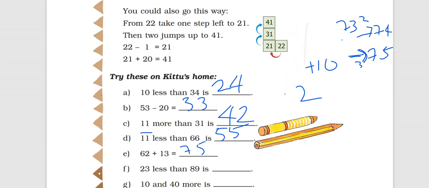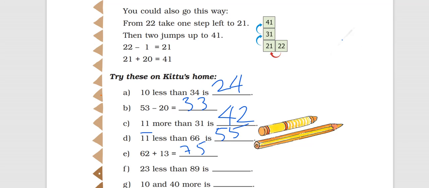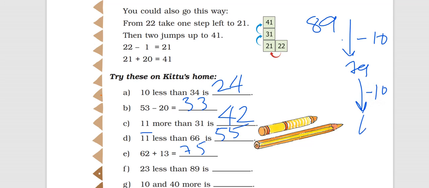Okay. The next one is 23 less than 89. 23 less than 89. So let's start at 89. You have to come down 2 steps. That is minus 10 is 79. One more minus 10 is 69.